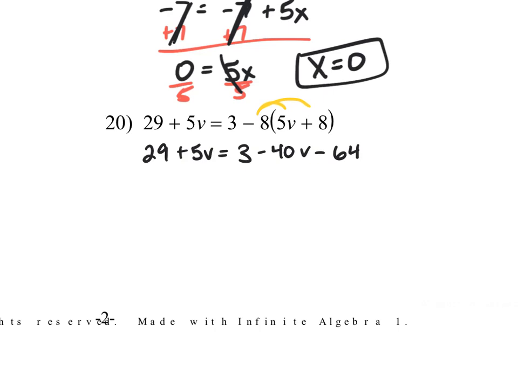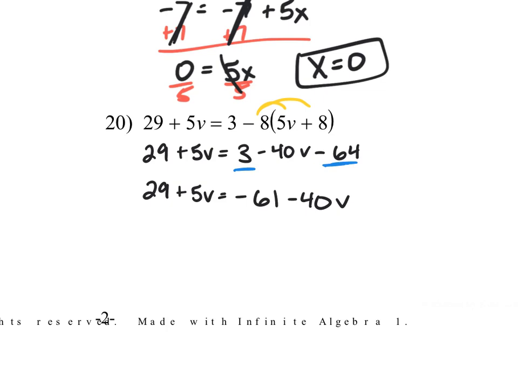Okay. Now, before we can get going, we've got to simplify. We've got a 3 and a -64 on the right-hand side. So you get 29 plus 5v is equal to -61 minus 40v. And how I got -61 was +3 and -64.